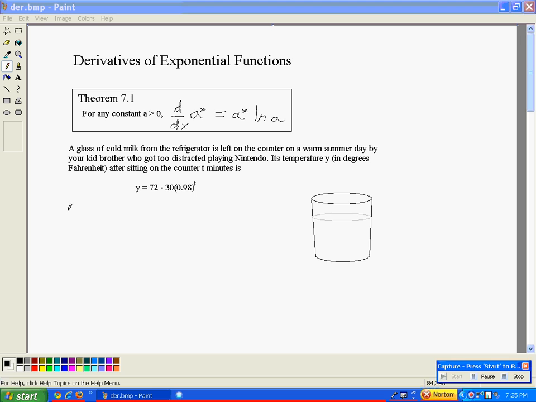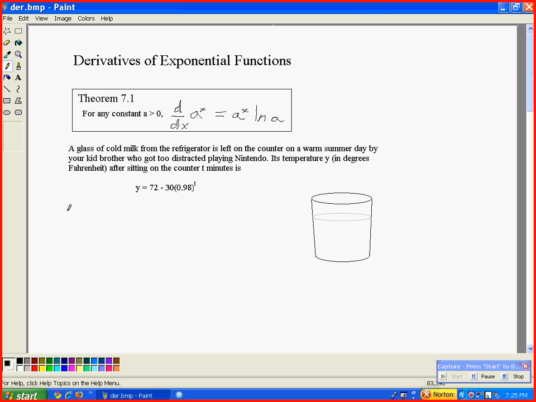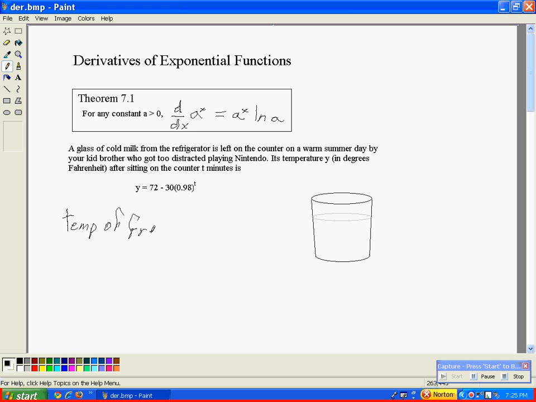So the temperature of the fridge is essentially 72 minus 30, so that is 42 degrees Fahrenheit.